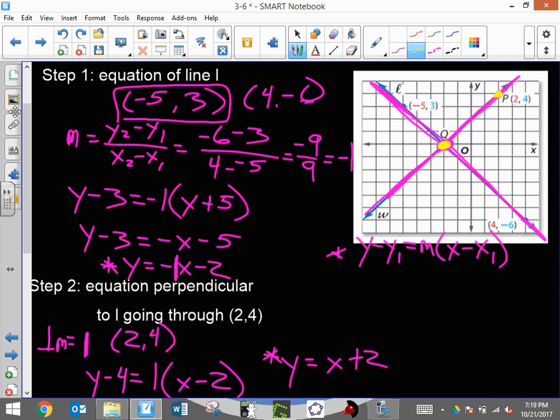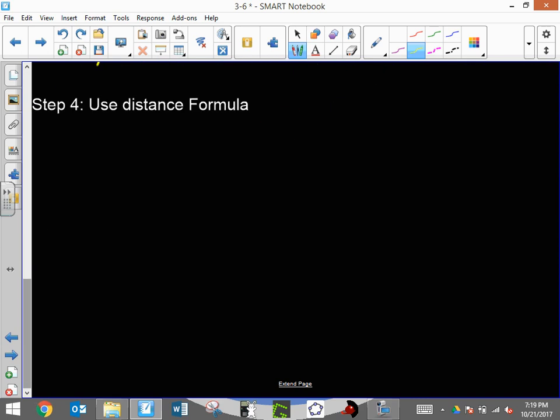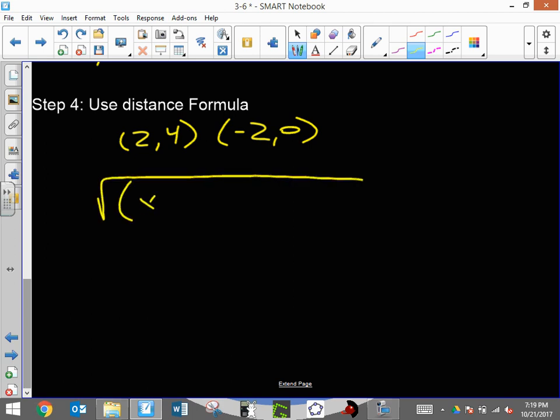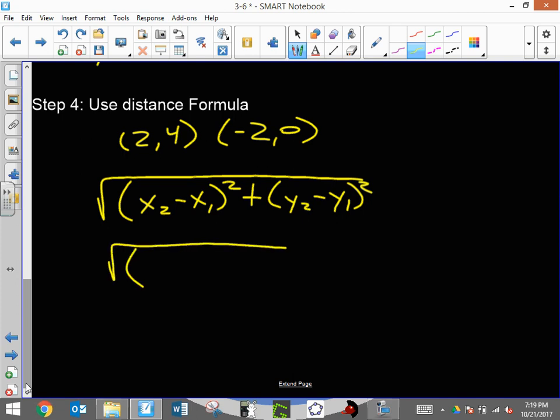So I'm using the points 2, 4 and negative 2, 0, using the distance formula: x sub 2 minus x sub 1 squared plus y sub 2 minus y sub 1 squared. And then we'll plug in our values. So I've got the big square root of negative 2 minus 2 squared plus 0 minus 4 squared.